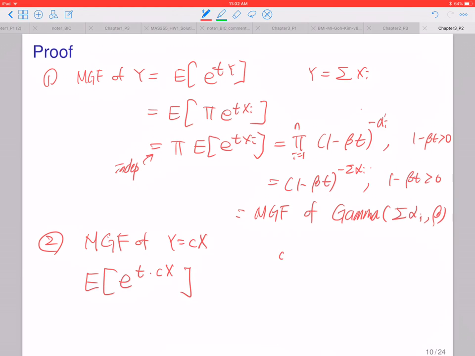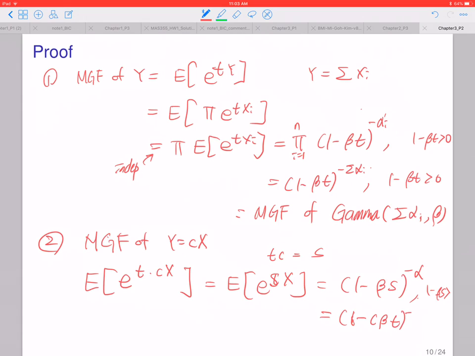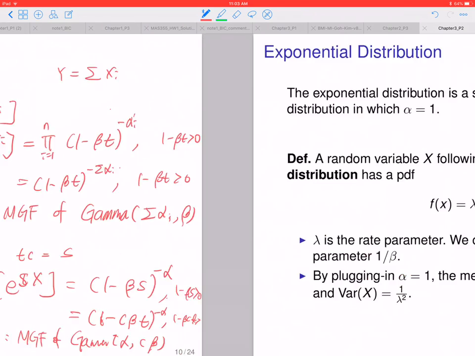Then you can do a change of variable to E[e^(sX)], and that is (1 - beta s)^(-alpha), with that positive, and then you can write it as (1 - c beta t)^(-alpha), with 1 - c beta t positive. So this is the MGF of gamma(alpha, c beta). So that gives the proof.